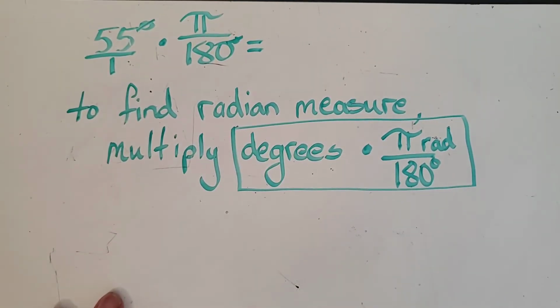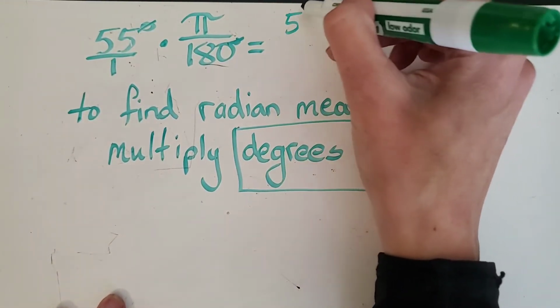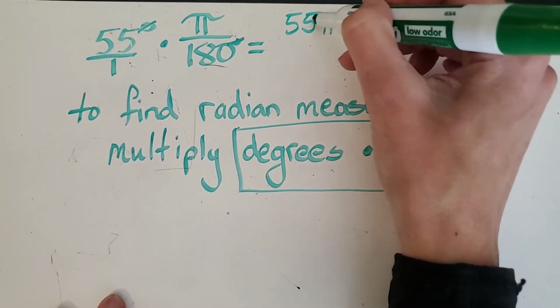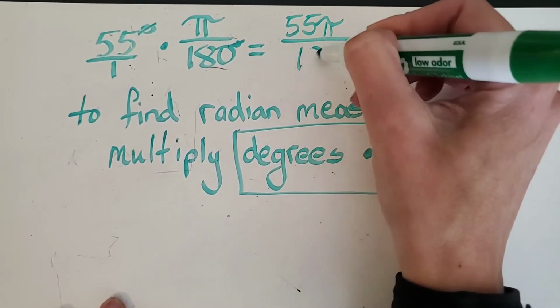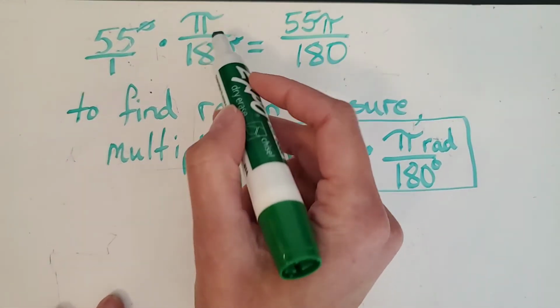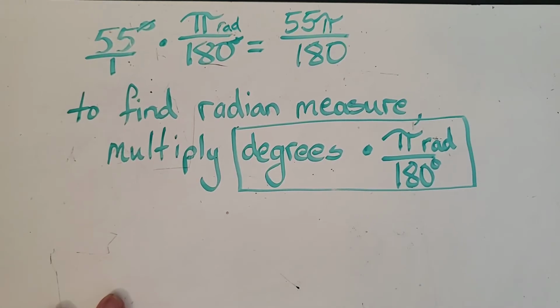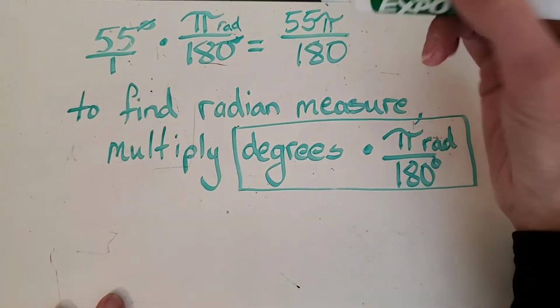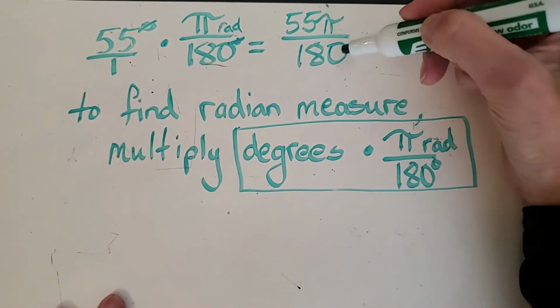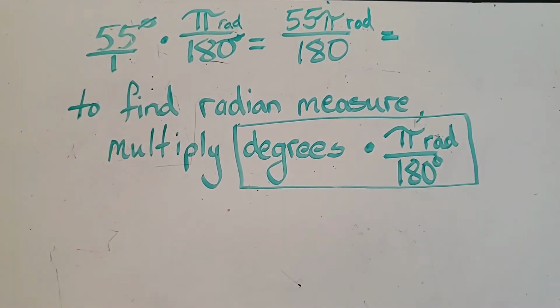Remember that multiplying fractions, you multiply across the top and across the bottom. So 55 times pi over 180. And now we're in radians because I had radians up here. Pi radians. Now this is 55 pi over 180 radians.